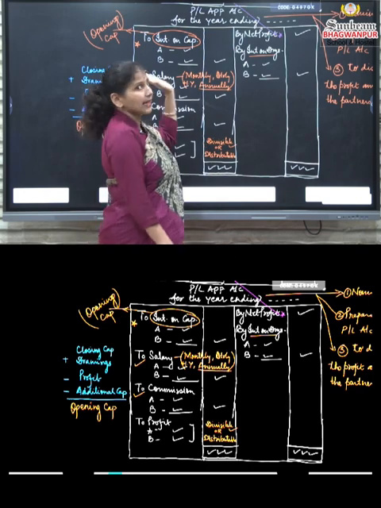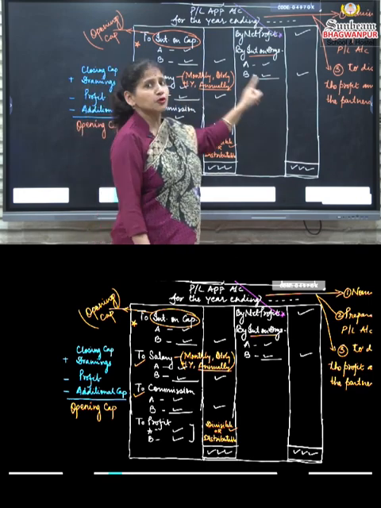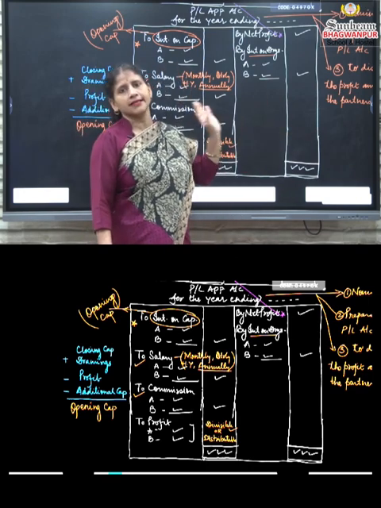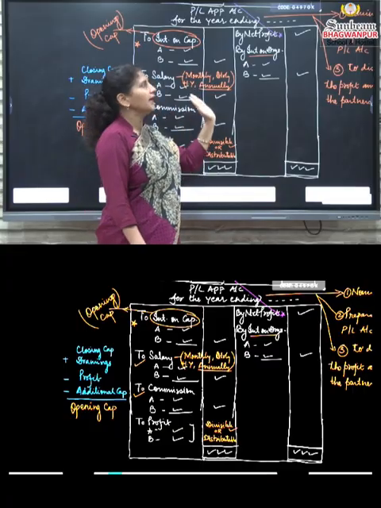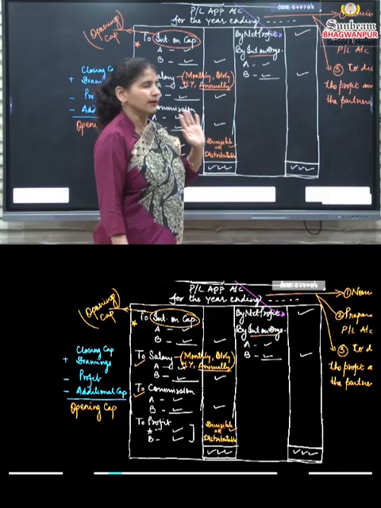Remember, interest on capital is at the debit side and interest on drawing has to be at the credit side, right, because interest on capital is an expense and interest on drawing is an income, okay.